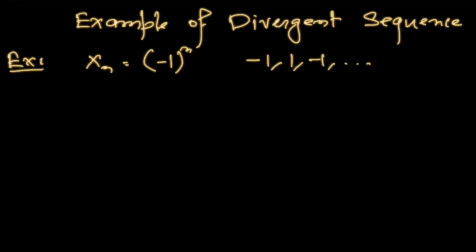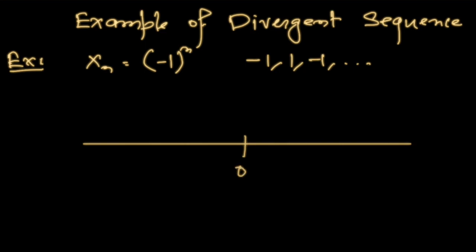Now we will see an example of a divergent sequence, and I choose a very simple divergent sequence that oscillates between -1 and 1, and this is simply written as (-1)^n. So let's see what happens when a sequence diverges. Consider this is the line, and suppose this is our 0, this is 1, and this is -1.